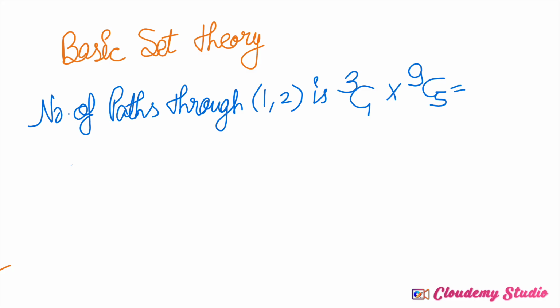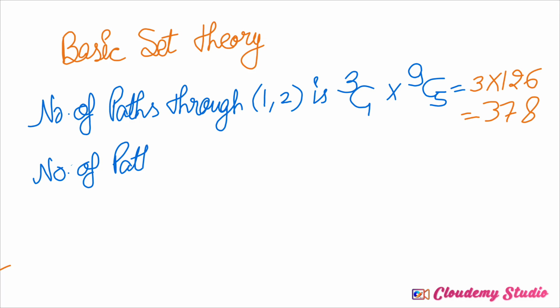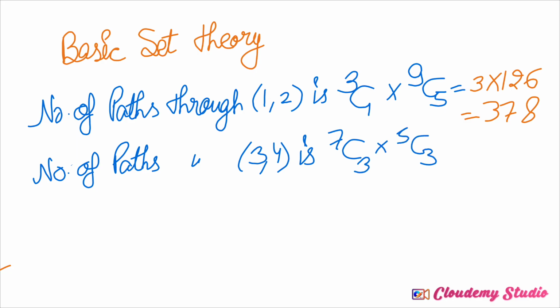So this is 3 cross 126, which is 378. Then the number of paths through 3 4 is 7C3 times 5C3. So it is 35 times 10, which is 350.